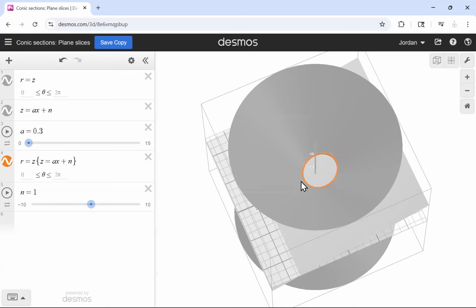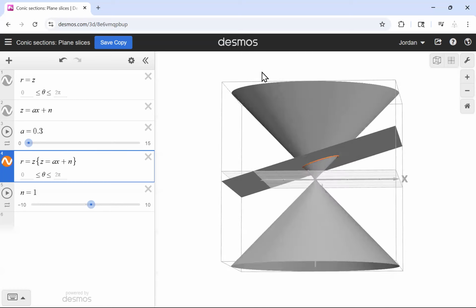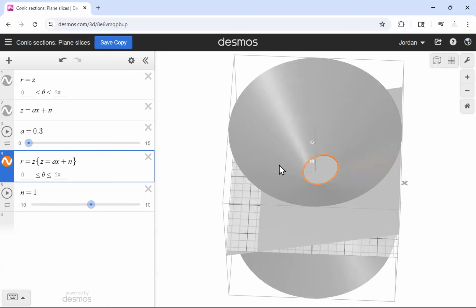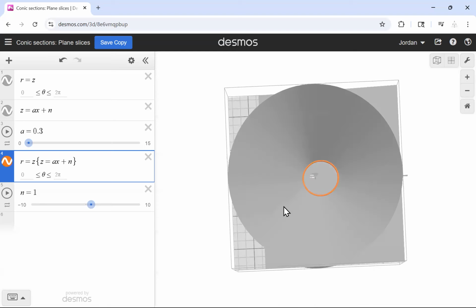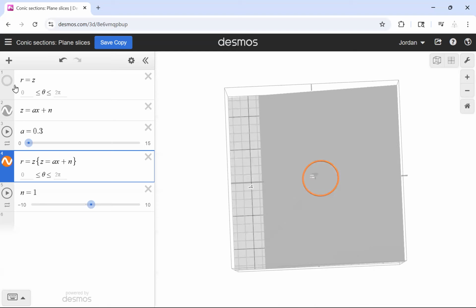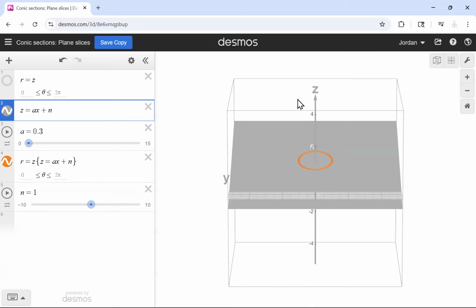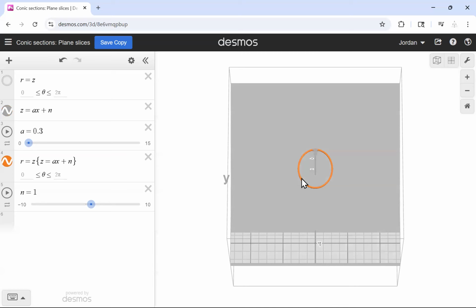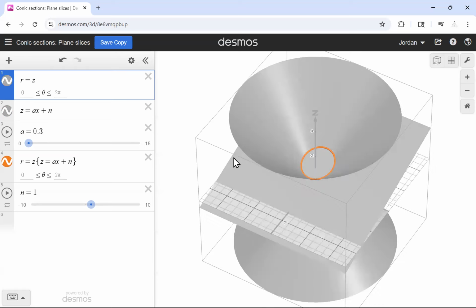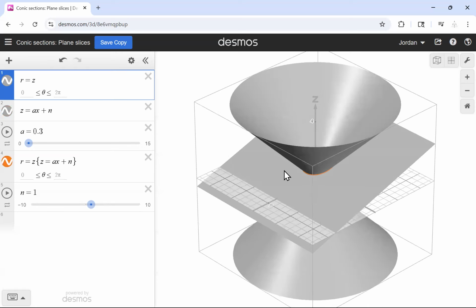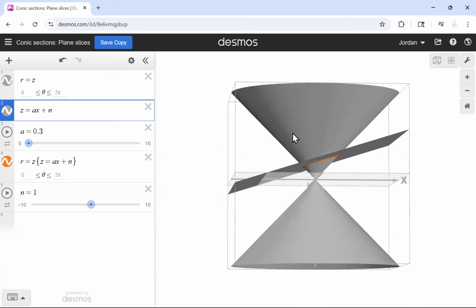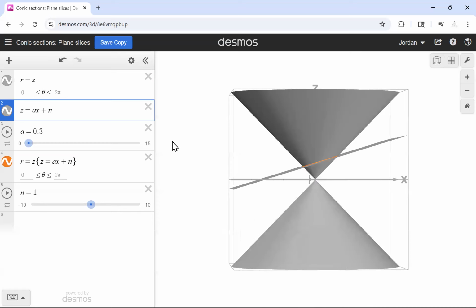In this case, since the plane slices this way, the object looks like this. Now, obviously, as the plane slices at different angles, we're going to create different objects.